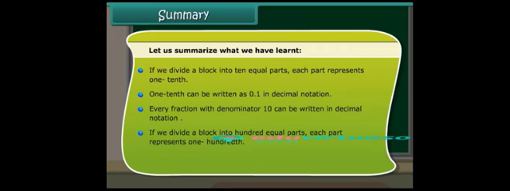If we divide a block into 100 equal parts, each part represents 1/100th. 1/100th can be written as 0.01 in decimal notation. Every fraction with denominator 100 can be written in decimal notation.